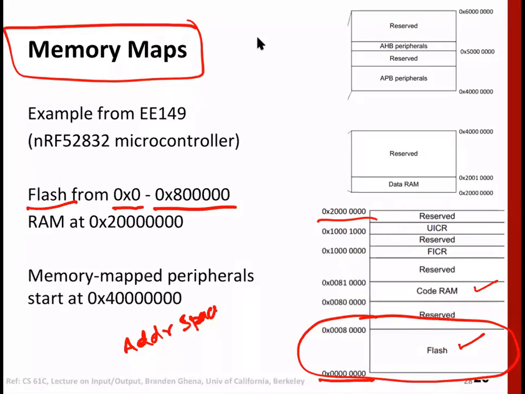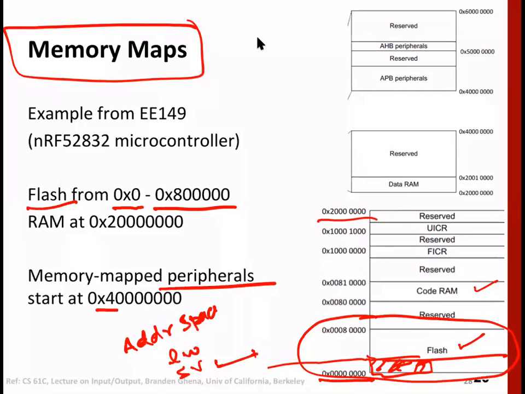So when you say load or store and give one address in this flash, it will go to that particular location, or that particular register corresponding to that address. Similarly, memory for peripherals starts from this address.